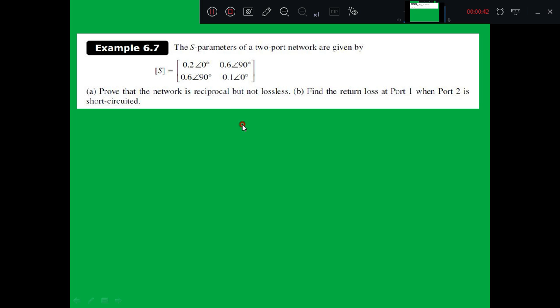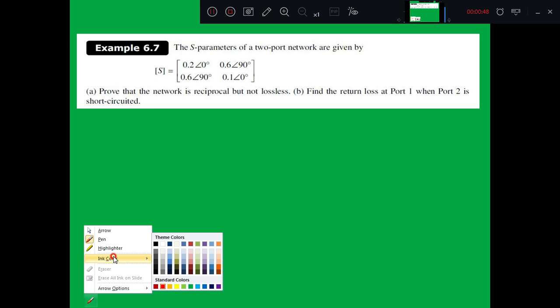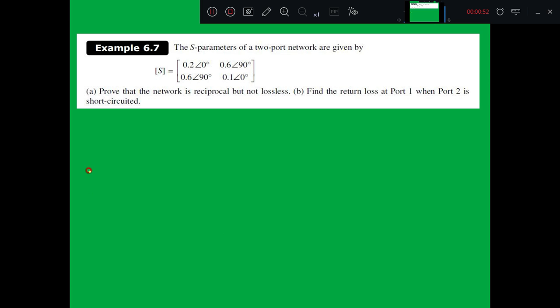Now I will write down the given S matrix here. What is the order of this matrix? The order of the matrix is 2 cross 2 since it is a 2 port network.